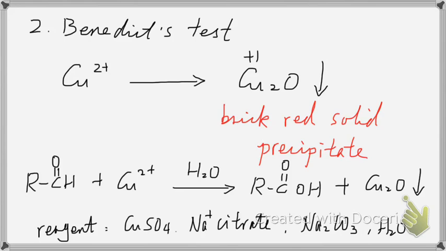So that aldehyde functional group can be oxidized by the copper ions. Depending on how much sugar is available in the blood serum, the brick red precipitate color will be going from the light red to dark red.